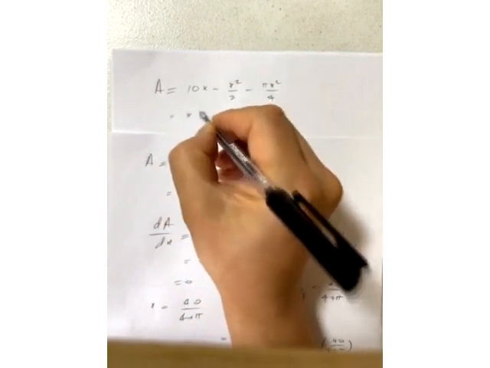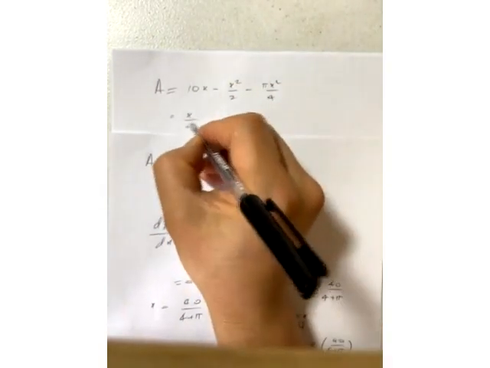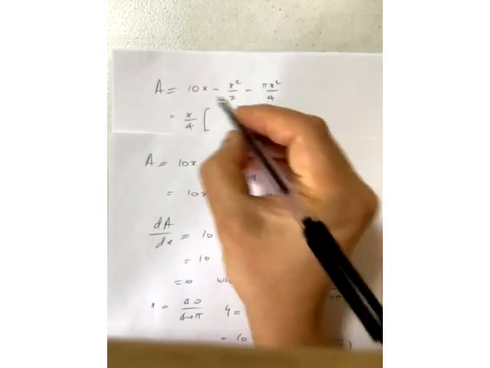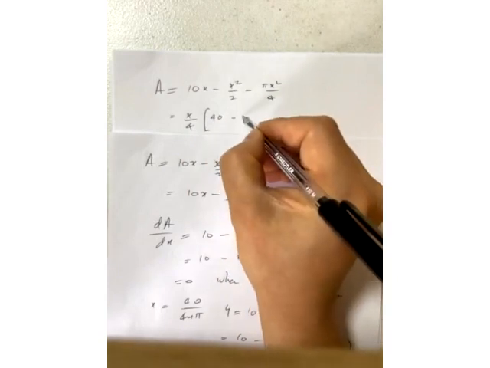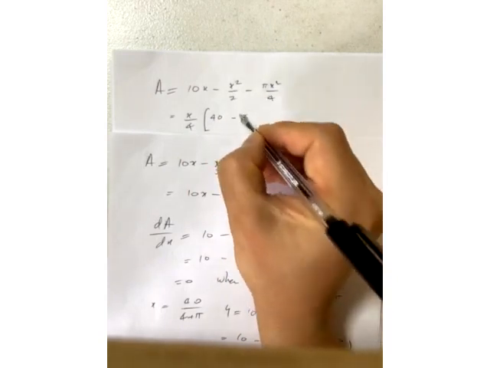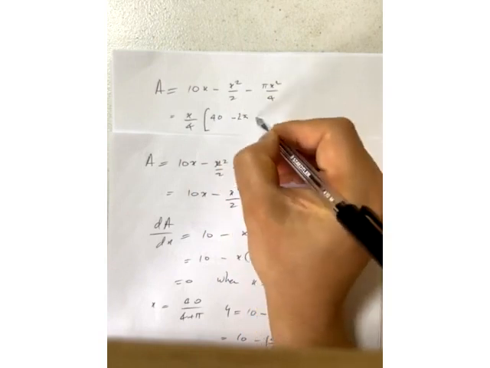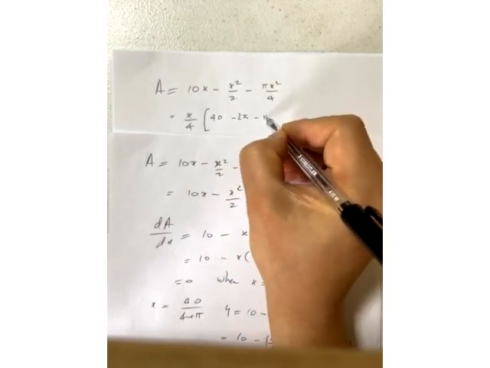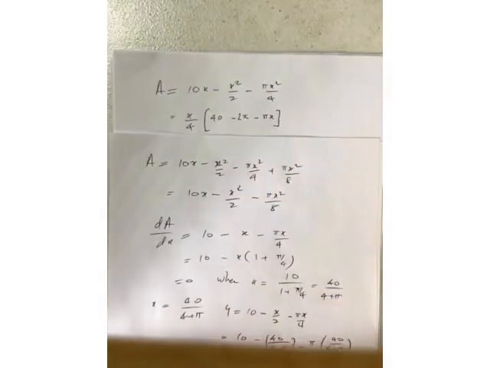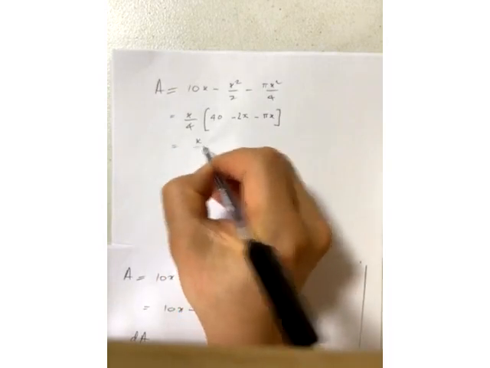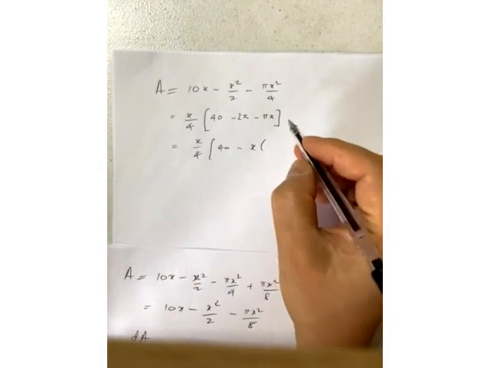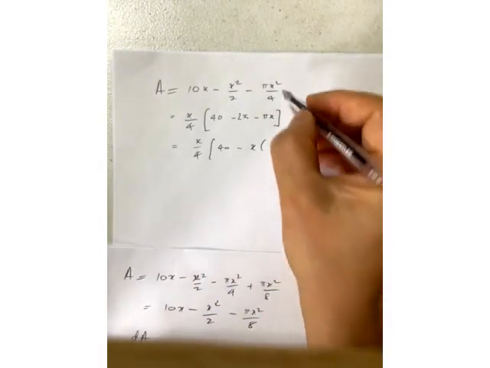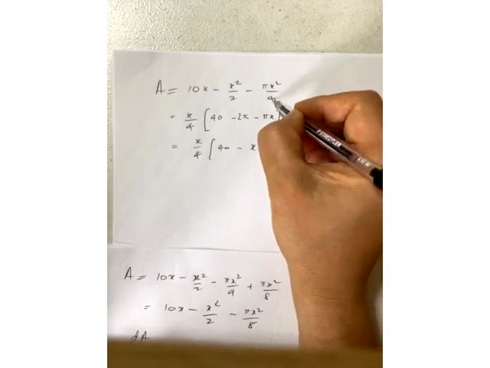Now, if you take the x on 4 out, then you get 40 here, minus 2x, and then minus pi x. And when you take out a further x out of this lot, so that's x squared on 8. I made a mistake there, sorry.